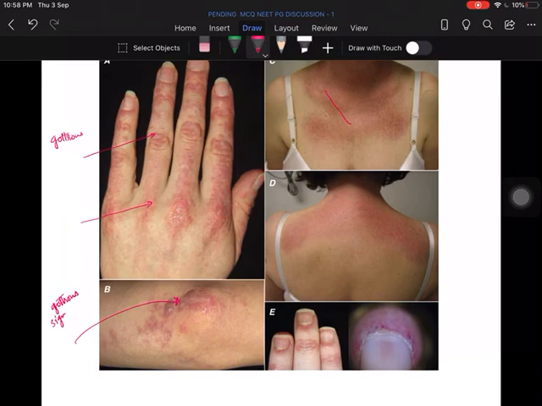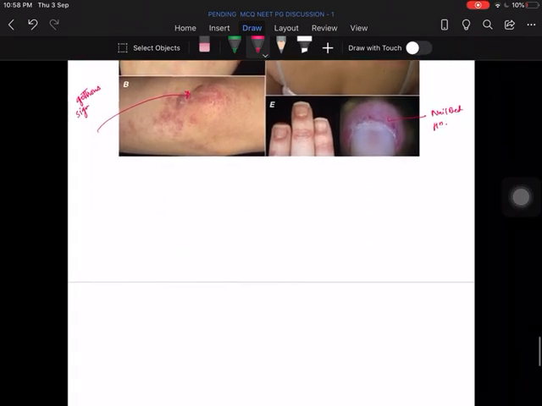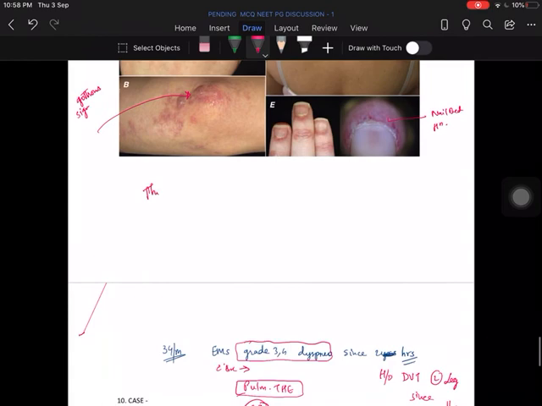This is the V neck sign. This is the shawl sign. This is nail bed hemorrhages. And you also see a sign on the thigh, also known as the holster sign.